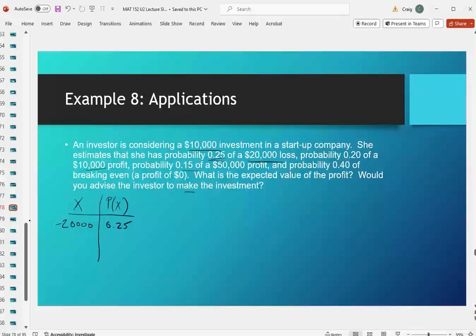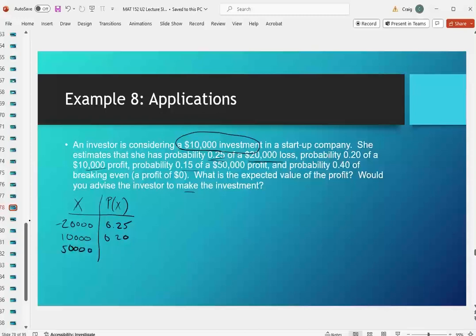I think we're going to come back to the investment amount, though I think we could have factored it in. We're going to do this slightly differently. The probability of a $10,000 profit, so you're going to make 10,000, there's a 20% probability there.